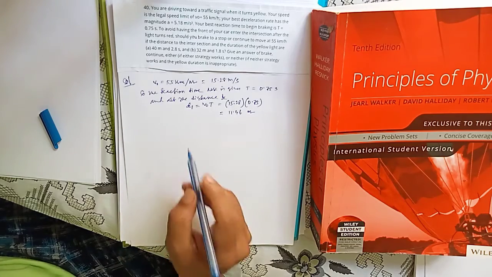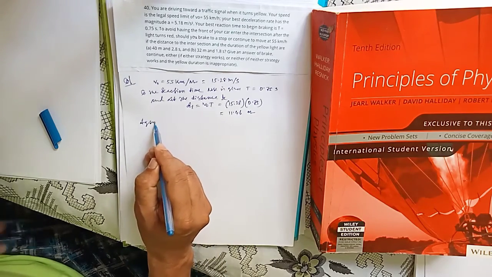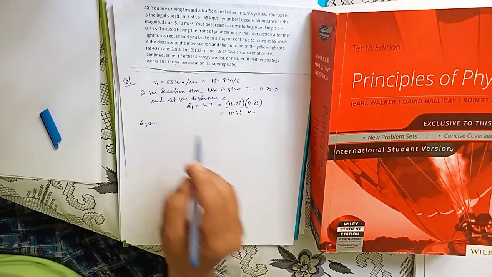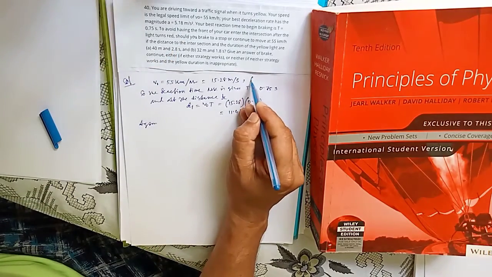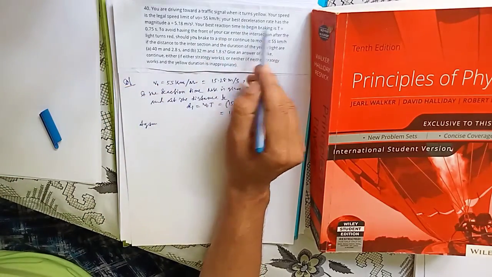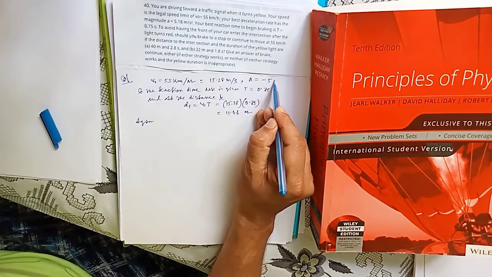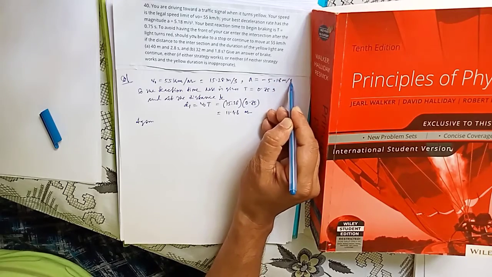Again, the distance traveled during the braking. We have another data, a is equal to, here it is a deceleration, so we make it minus 5.18 meter per second square.